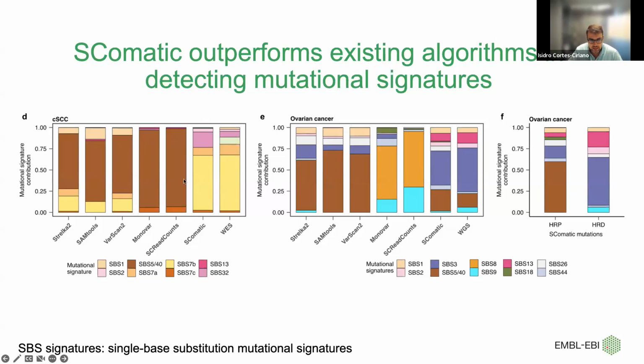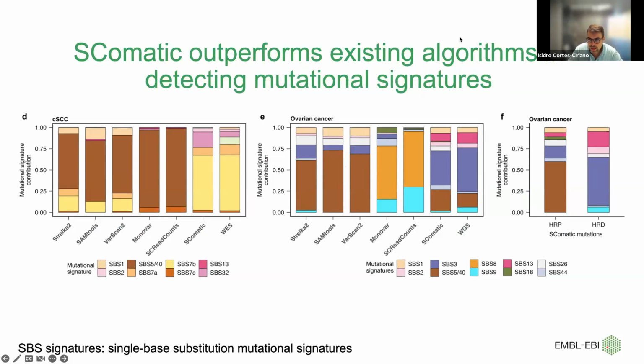We can see that the contribution of mutational signatures estimated using the mutations detected by SOMATIC is very similar to the reference, which is the DNA sequencing data, in both the squamous cell carcinoma and the ovarian cancer datasets. But it is very different when we use the mutations detected by other algorithms.